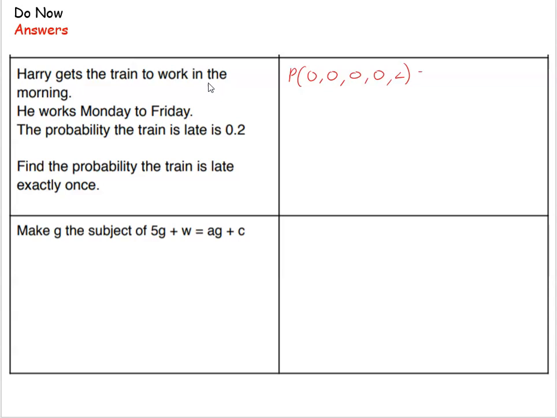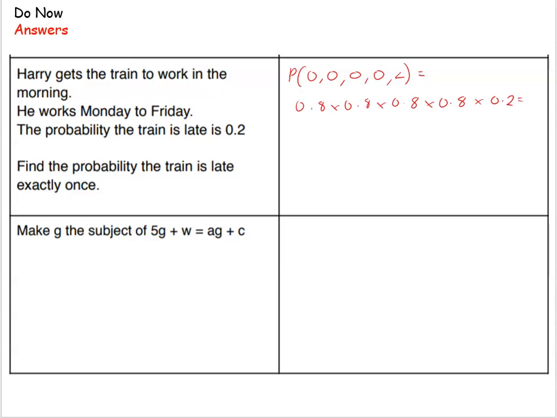So based on that, if the probability of him being late is 0.2, of course the probability of him being on time is 0.8. So we're going to do 0.8 times 0.8 times 0.8 times 0.8, which represents the Monday, Tuesday, Wednesday, Thursday, and then him being late on the Friday.